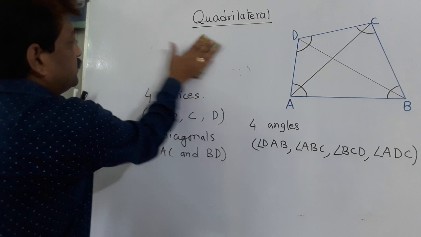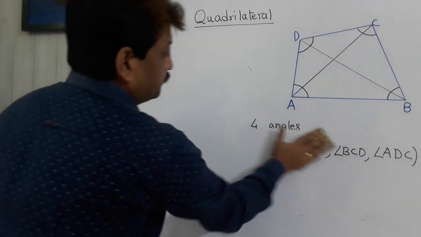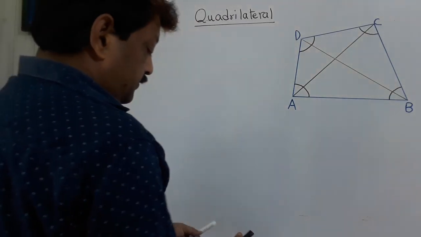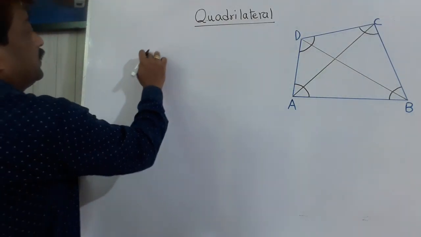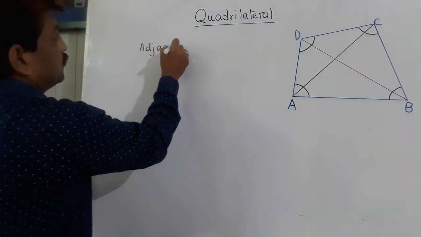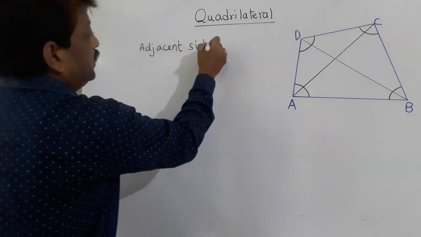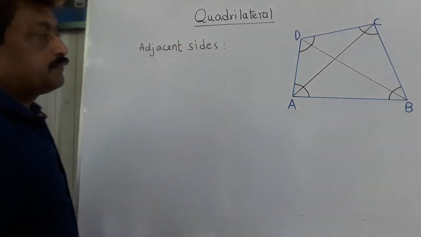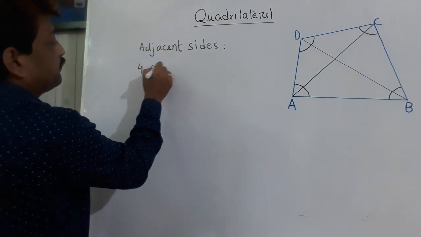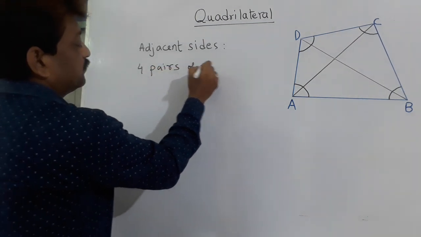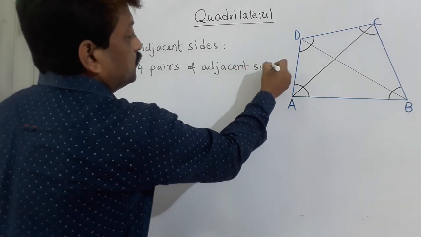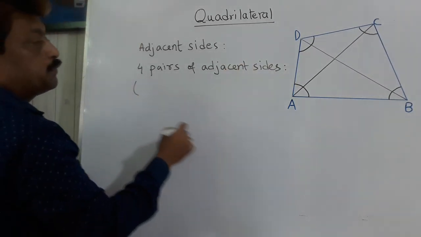Now there are other features also. See the figure and tell me the adjacent sides. How many pairs of adjacent sides are there? It's very easy. There are four pairs. So what are the four pairs?